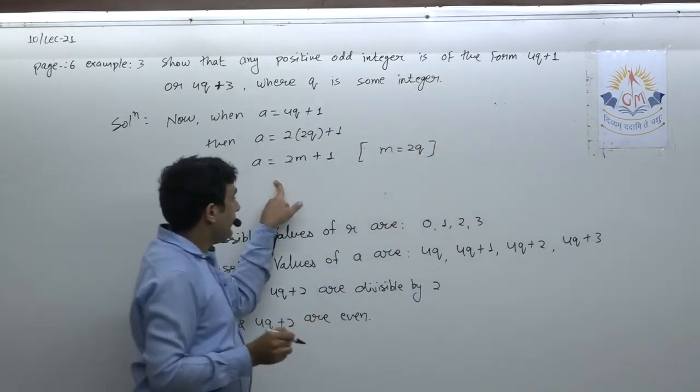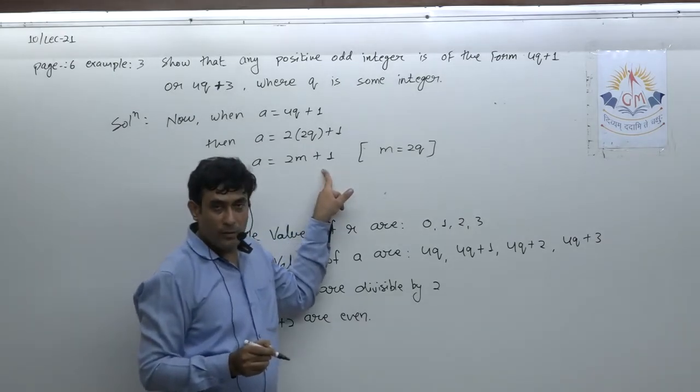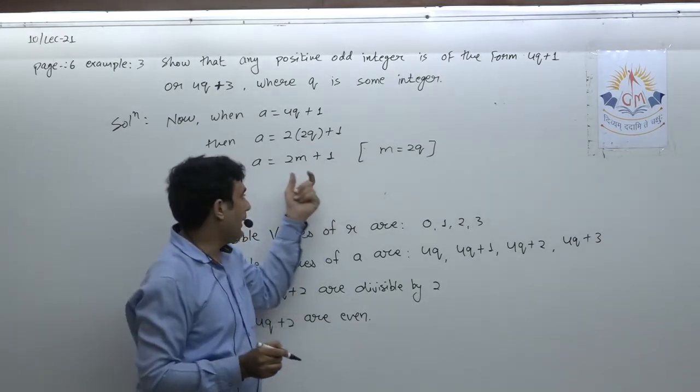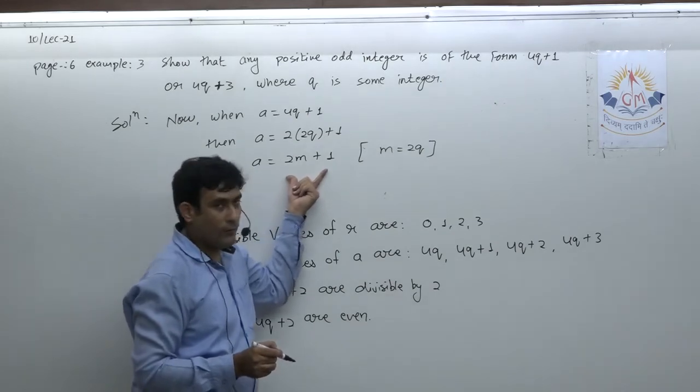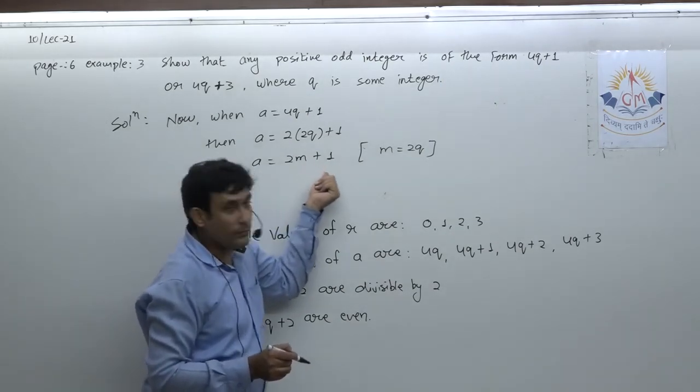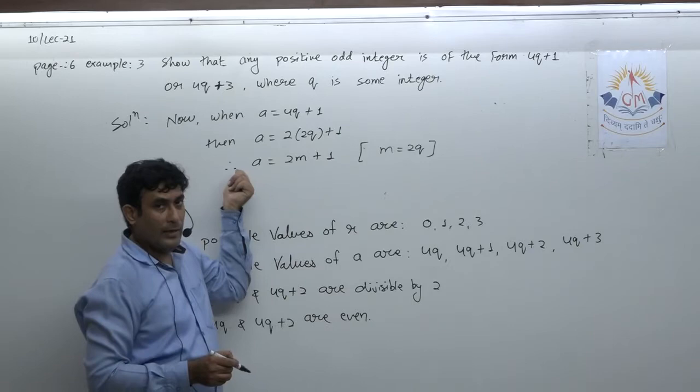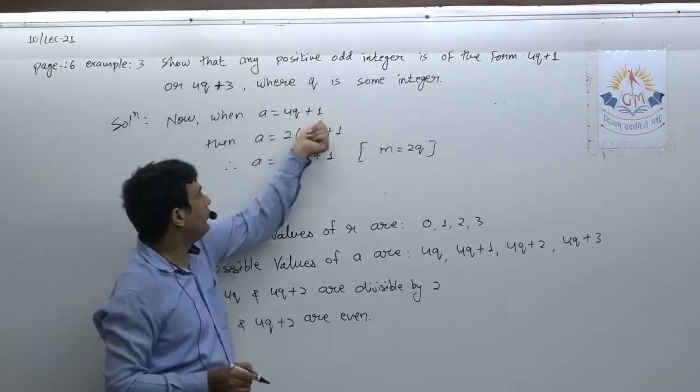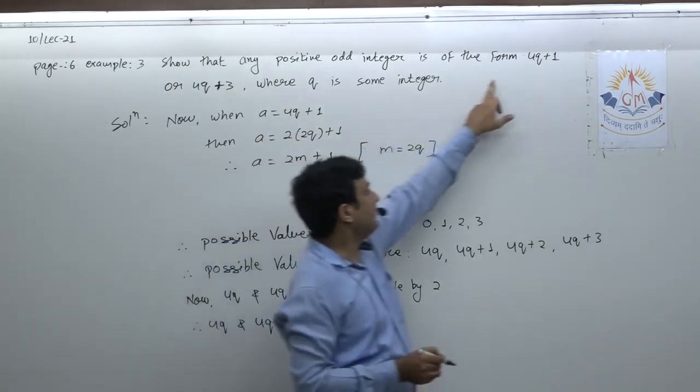Now see, in the previous sum we saw that 2m plus 1 always represents an odd number, or every odd number is in the form of this. So as 2m plus 1 is odd, therefore a is odd. As a is odd, that means 4q plus 1 is odd, isn't it? That is the thing that we require to prove.